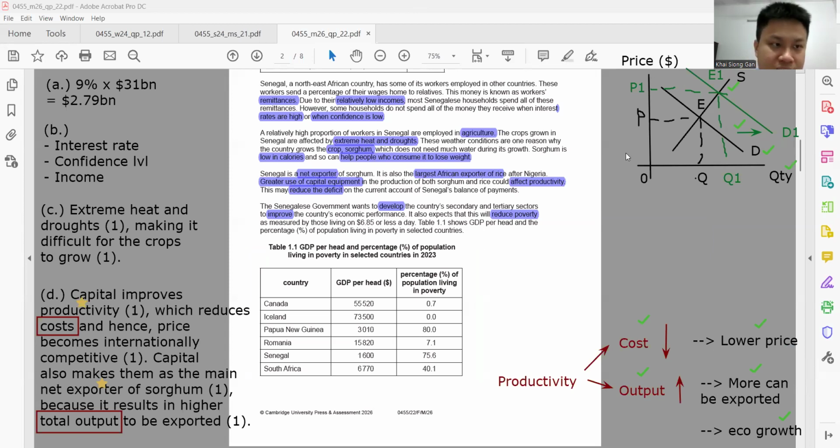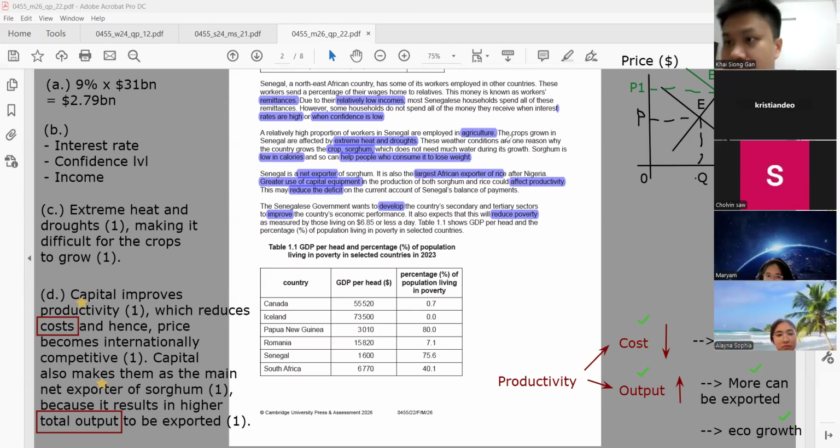For example, if I didn't draw my arrow, but you see I label my demand curve as D1 or you label as D2, as long as there's a label to show that there is a new demand curve, then even without the arrow, that's fine. As long as you are able to indicate where the graph shifts, either using the arrow or using the indicator. So it's not necessary to draw the arrow.